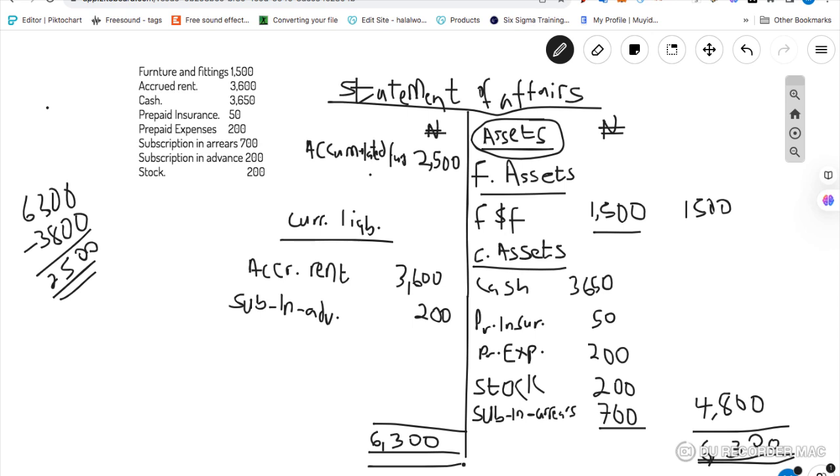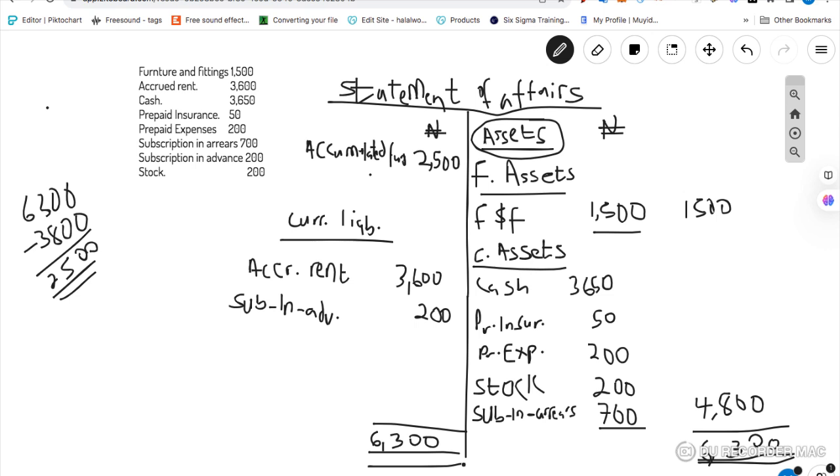So you need to understand all these basic principles, most especially the generally acceptable accounting principles that guide how you can prepare your financial statements. So it's very, very simple, and that is why we are here. So kindly pick up some questions and practice on your own. So I think with this, you should be able to understand how to prepare the statement of affairs for a non-profit making organization, and it is very easy, as you can see, for you to also determine your accumulated fund.